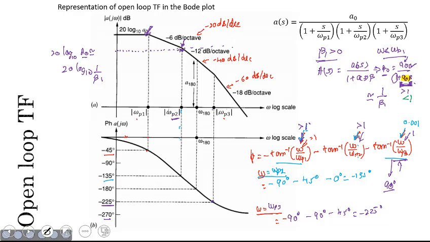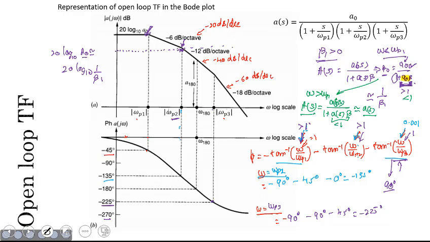And now, for frequencies greater than omega p1, under this condition, I can approximate the closed loop transfer function to have a value of A of s, because we don't have A naught at that particular frequency, which is smaller. So I just write it as A of s instead of A naught, right? So this value becomes comparable to the value of 1, and if we assume that this value is smaller than 1, then we can approximate this to something like A of s.